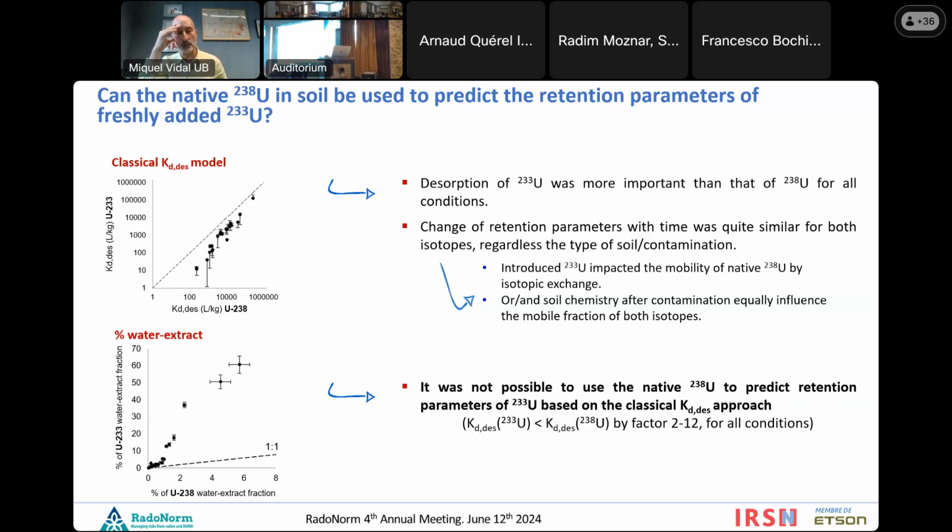Water extraction with recently added uranium was much larger than that from the native uranium. So clearly, we could not predict any behavior of the recently added uranium based on the native uranium if we apply this classical desorption KD model.